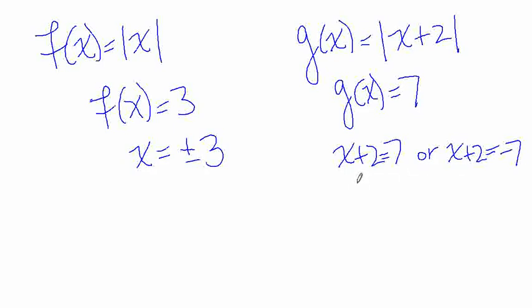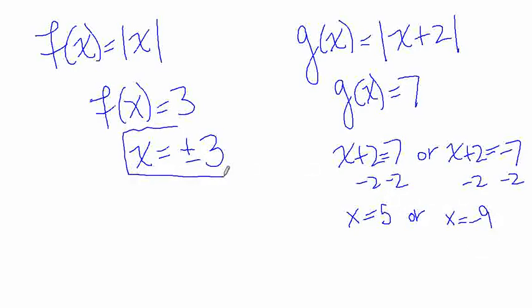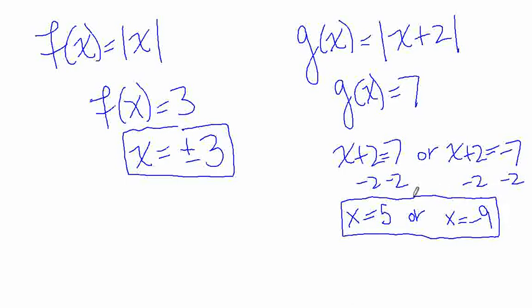So now we can solve both of those cases. All right, and so that's how you solve these types of problems. So the function g is equal to 7 when x is equal to 5, or when x is equal to minus 9.